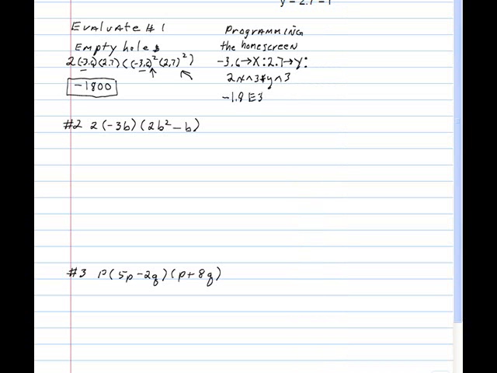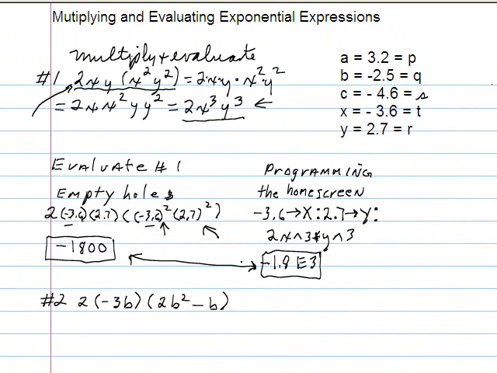That moves the decimal 3 places to the right. So this answer is correct and this answer is correct. This is called the normal form, and this is called the scientific notation. Okay? Let's try another one.